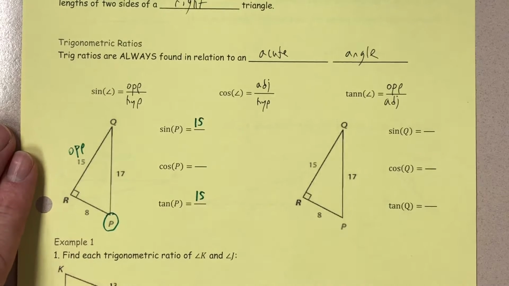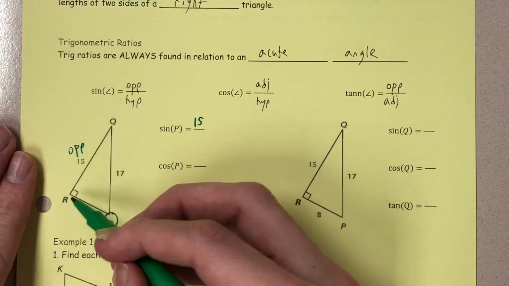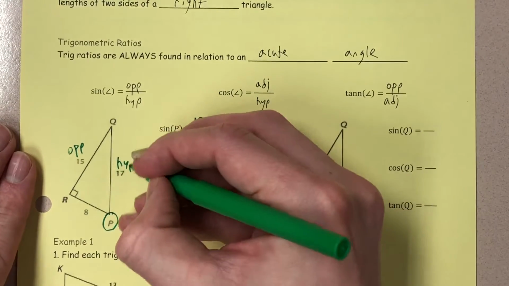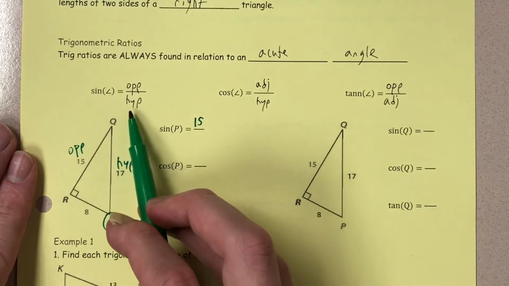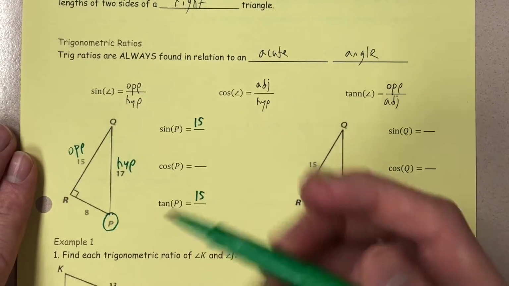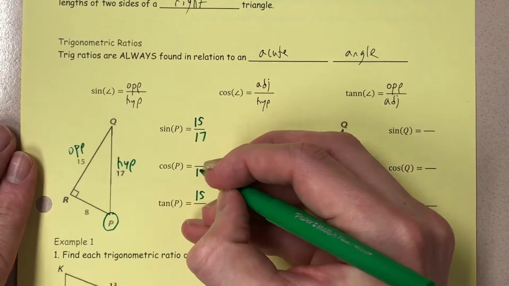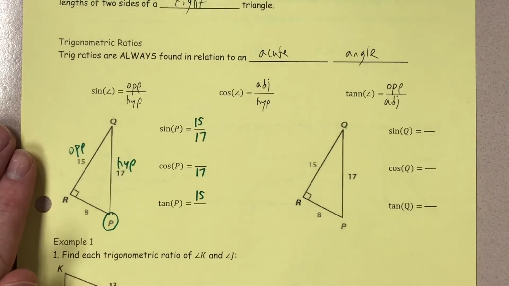Now we will do our hypotenuse next, which is this longest side, the one that does not touch our right angle. So in this case, 17 is our hypotenuse. We're going to fill that into the bottom of sine and the bottom of cosine. So those are the two places that we have hypotenuse in our trig ratios.